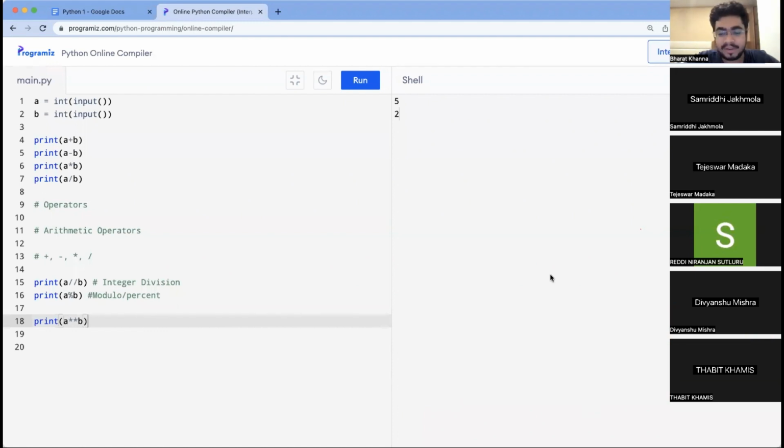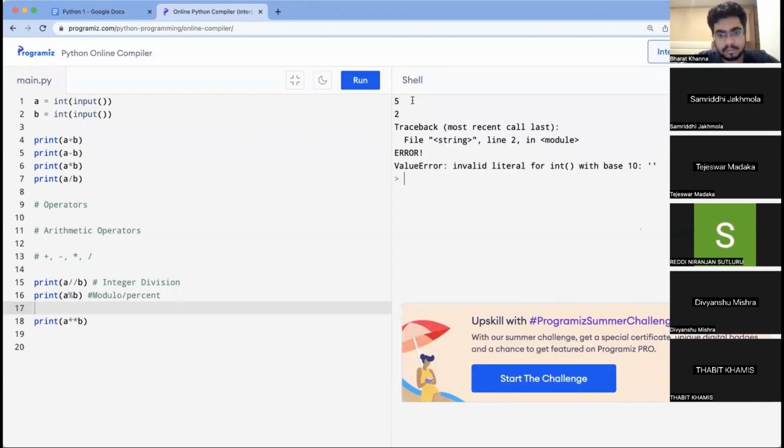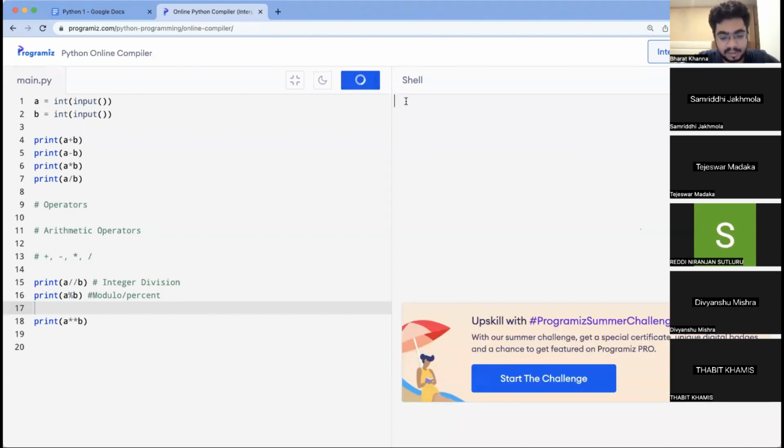Everyone? 25, right? So if you see, the last number would be 25 here. Whoa. What happened? One second. I think I'm giving multiple enters. Yeah, 25. Does that make sense? Yes or no?